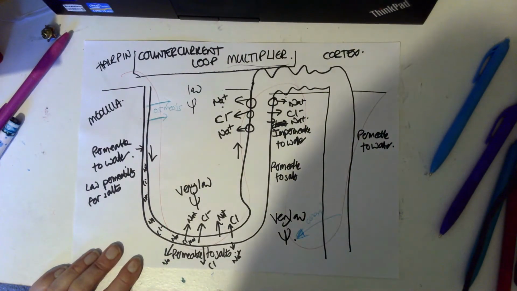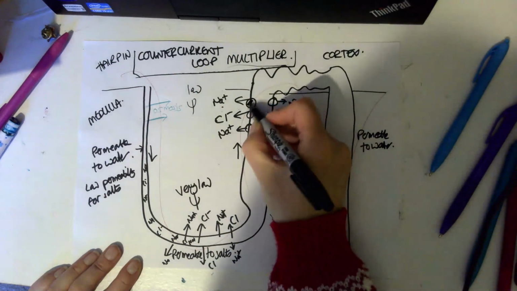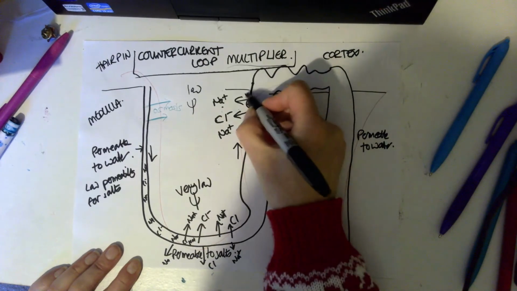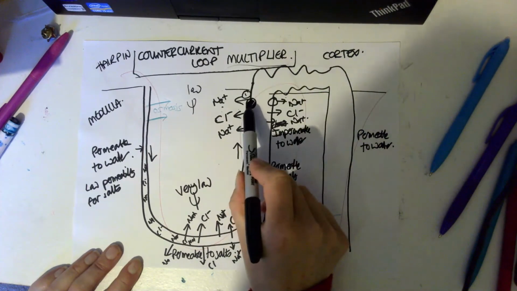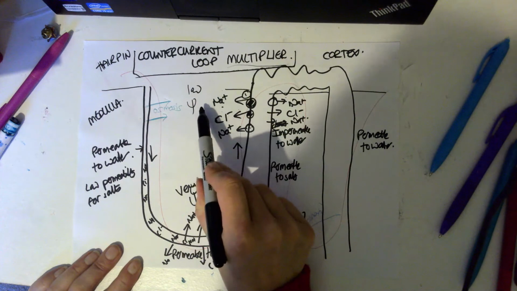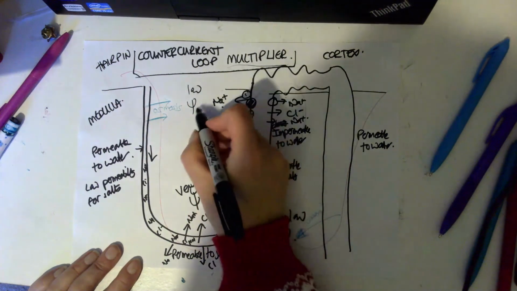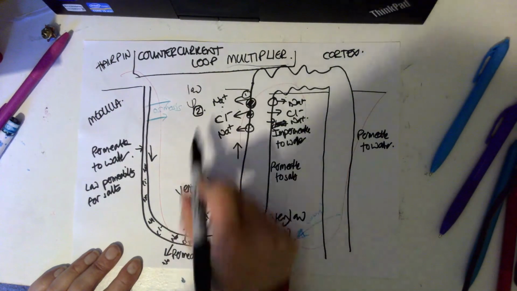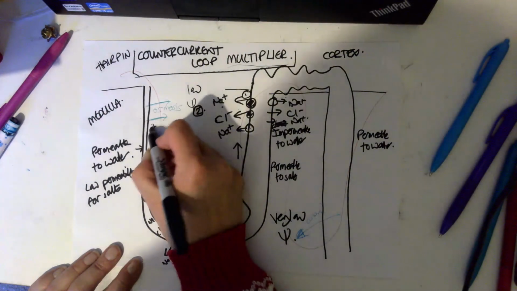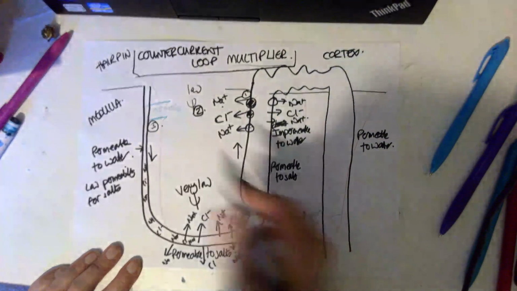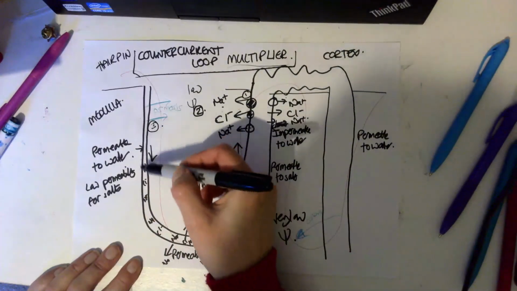And I think that's everything you need to know. Students sometimes find this hard, so what I would do is always start here. Always start with that active pump. Then think, okay, active pump moving salts into this area, what's it going to do to the water potential? What's then going to happen to do with the water? If water's being drawn out, what will then happen to the salts?